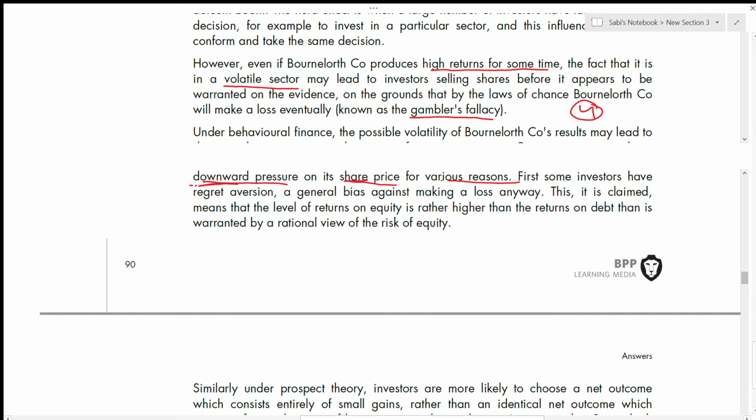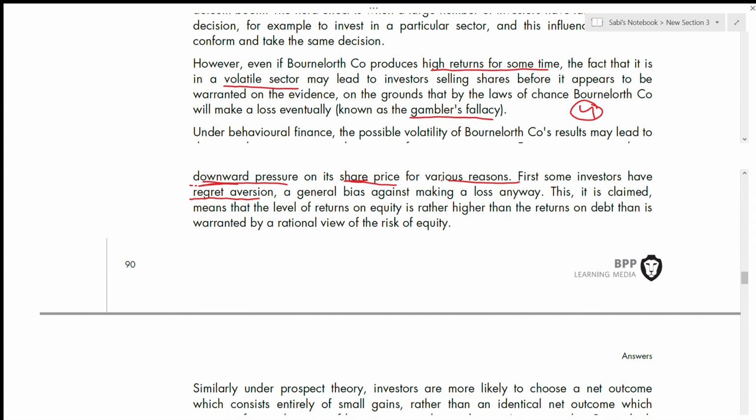First, some investors have a regret aversion. These are the terms which you need to use. What is regret aversion? It is a general bias against making a loss anyway. This, it is claimed, means that the level of returns on equity is higher than is warranted by the rational view of the risk of equity.